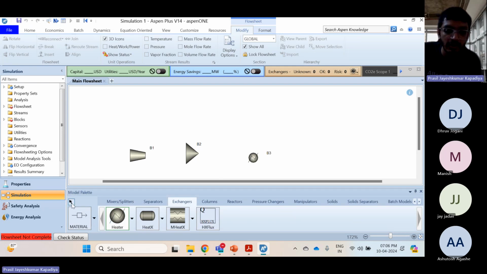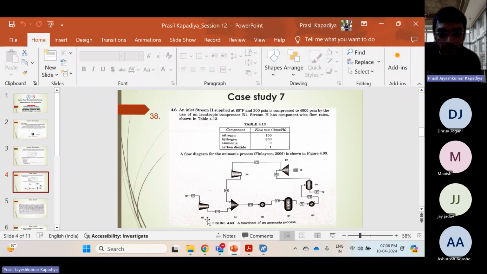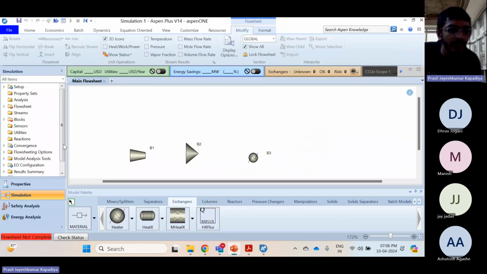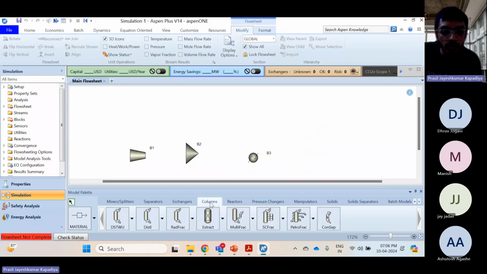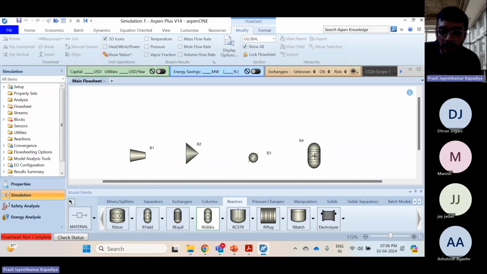Okay, first three we have added. B1, B2, and B3: compressor, mixer, and exchanger. Then we need to add the R Gibbs model. So we will go to reactor and add this R Gibbs model, that is the B4 block.